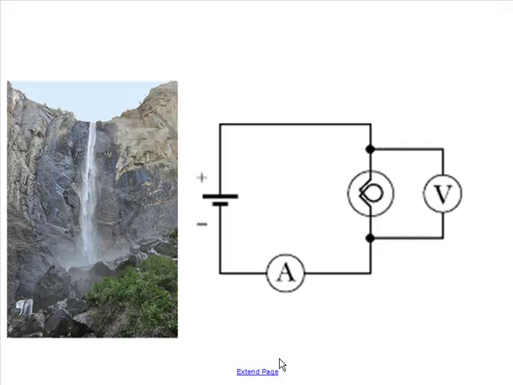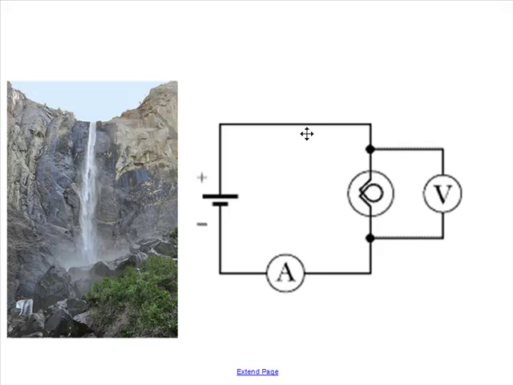Now you may have noticed a little bit of current is going to flow through this voltmeter, which means this ammeter will have a little bit more current than the light bulb. That's pretty unavoidable. The only thing we can do is try and make it so as little current as possible needs to go through the voltmeter.